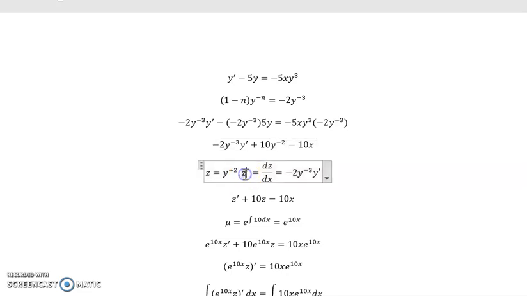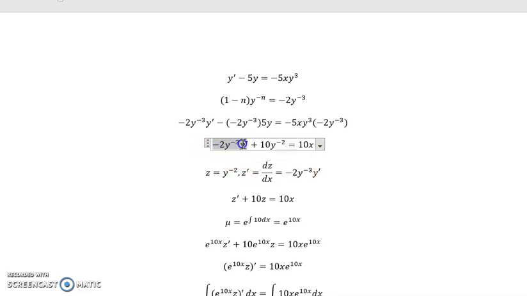And then I'm going to take the derivative of this because in solving a linear ODE, I have to have z and z prime. So I take z prime, which is the derivative with respect to x, and using the power rule, negative 2 comes down, I subtract 1 from the exponent, and then I multiply by the chain rule, y prime.